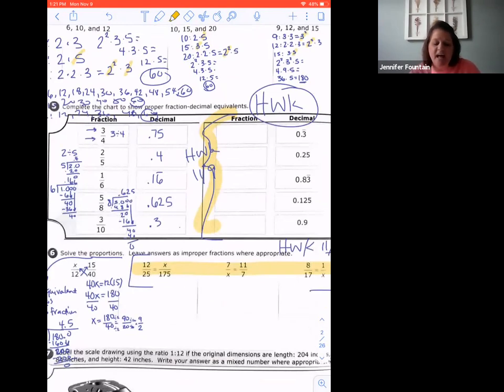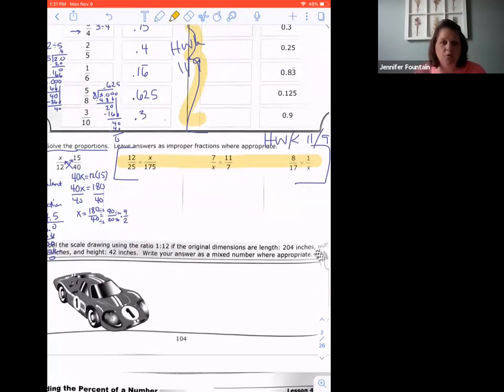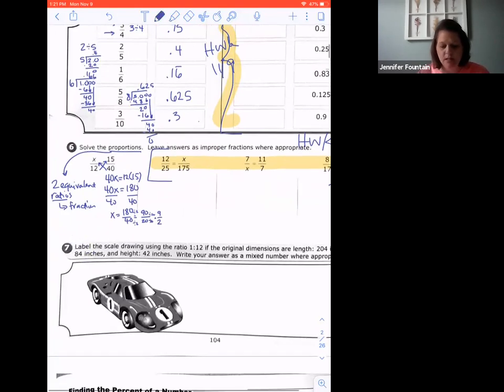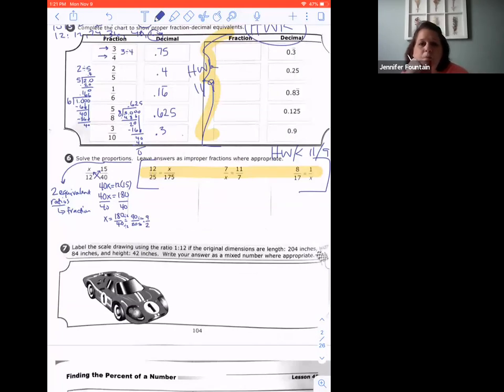In activities 5, you are writing the fraction equivalent of the decimal, and then you have 3 proportions to solve by cross multiplying. And then I did too much here. We didn't have to divide. We just left it as an improper fraction. Any questions about any of that? All righty. We will keep on going.